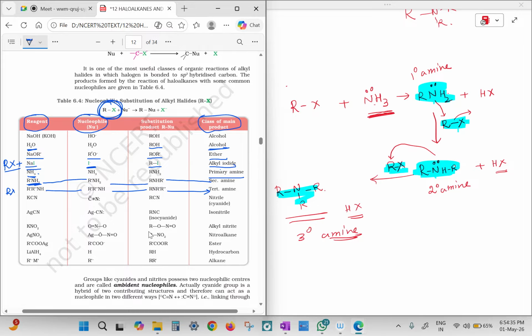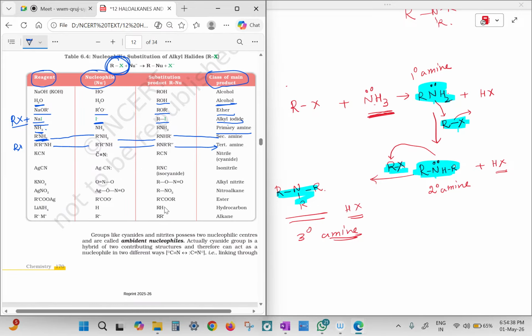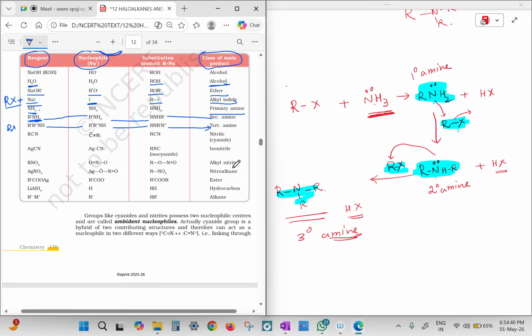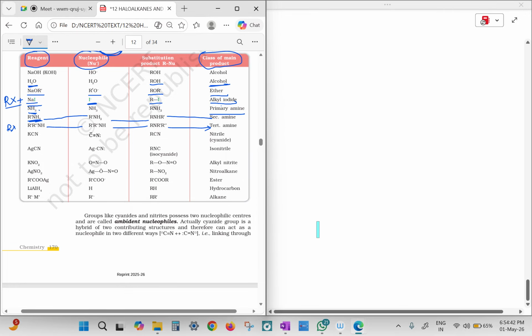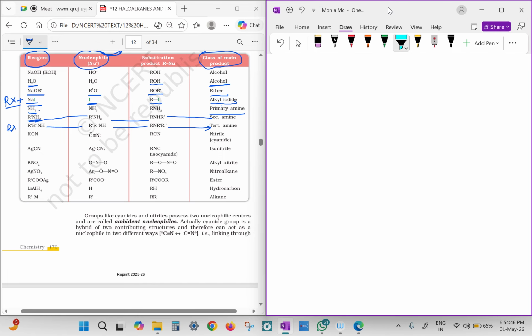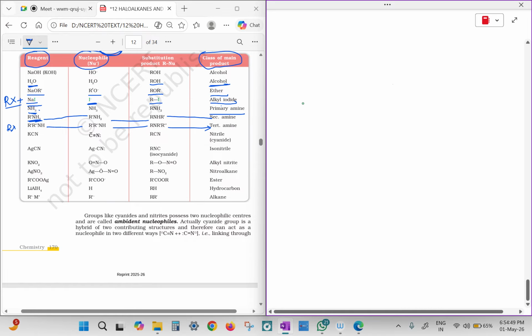The next 4 reagents are very, very important. Why? Let us consider this. And this is the most common give-reason question in this lesson.